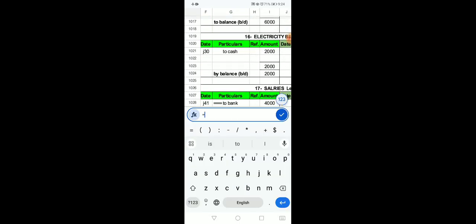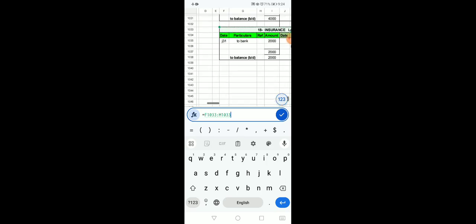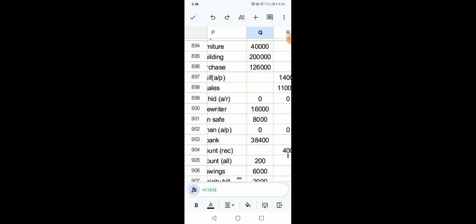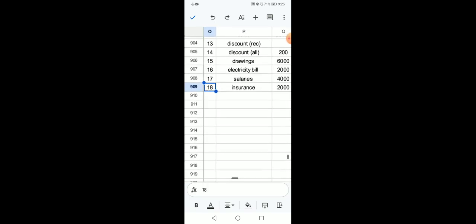It was our last ledger. Here the ledger of insurance has arrived, the balance is brought down on the debit side, the amount is 2000. So you will choose the same debit side in the trial balance. In front of insurance you will write 2000. Here you can see you have chosen the debit side. 2000 is written in front of insurance. It means the 18th ledger is completed.